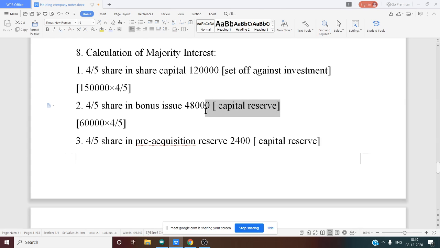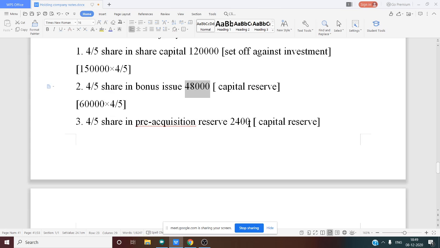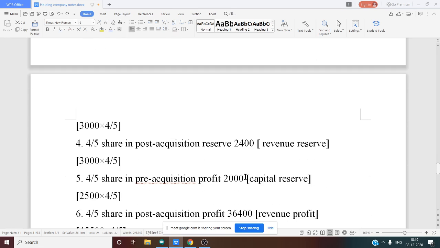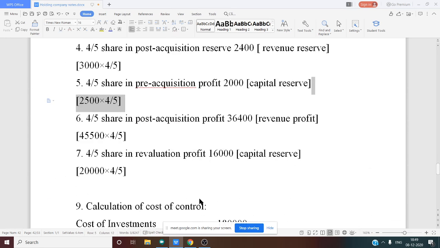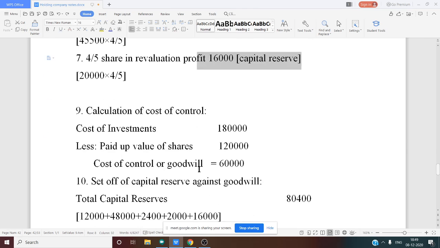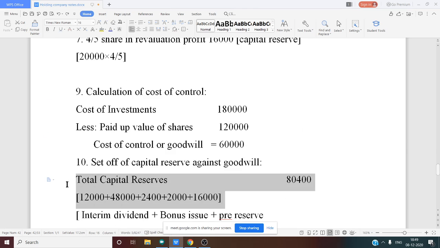Bonus issue under majority interest working note, there we have written capital reserve. This information you have to take, 48,000. Similarly, pre-acquisition reserve, capital reserve, this also you have to take, 2,400 under majority interest working note. Similarly, pre-acquisition profit is also there, 2,000, that is capital reserve, that also you have to take. Then there is a revaluation profit, again you have written capital reserve, that information also you have to take. So all the information you have to add, then you will get total capital reserve as 80,400.